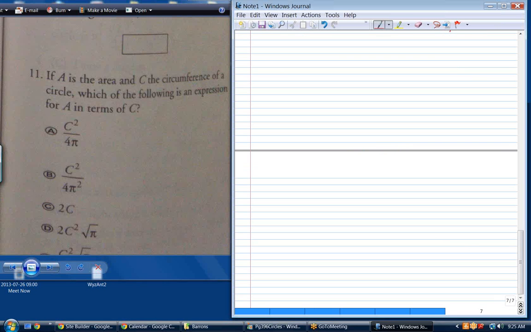In this one, I'm not sure what to do. If you're not sure what to do, what's a good starting point?